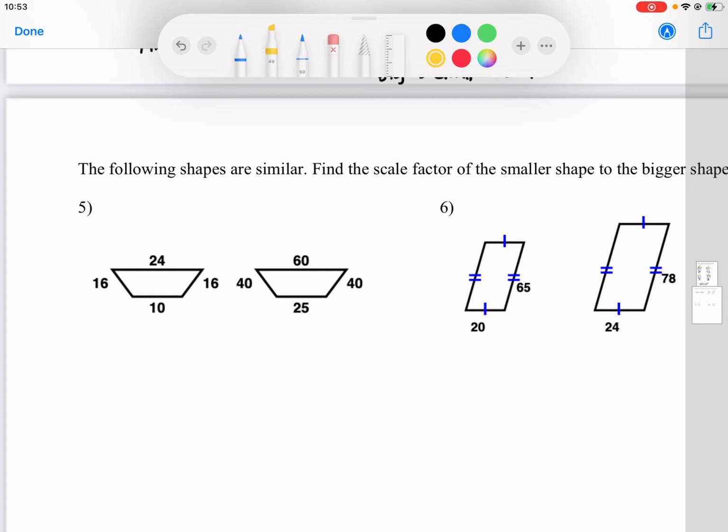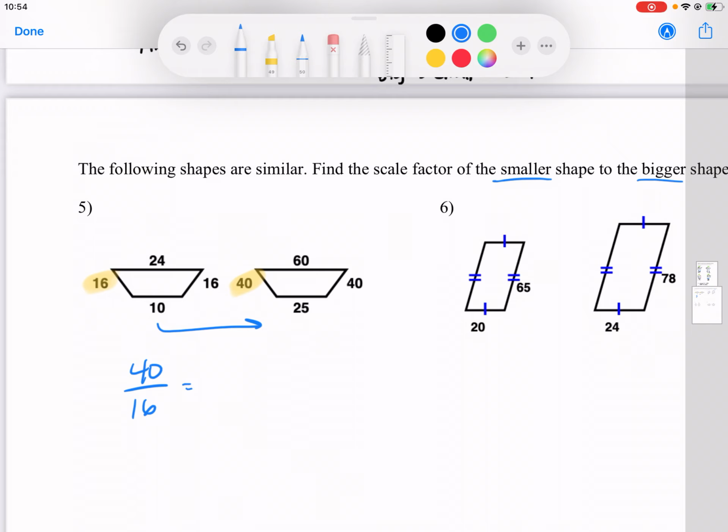Once again, it doesn't matter which corresponding side you pick. So it would be 16 and 40, for instance. We're going from the smaller shape to the bigger, so the big shape goes on top: 40/16. Then you simplify that fraction.